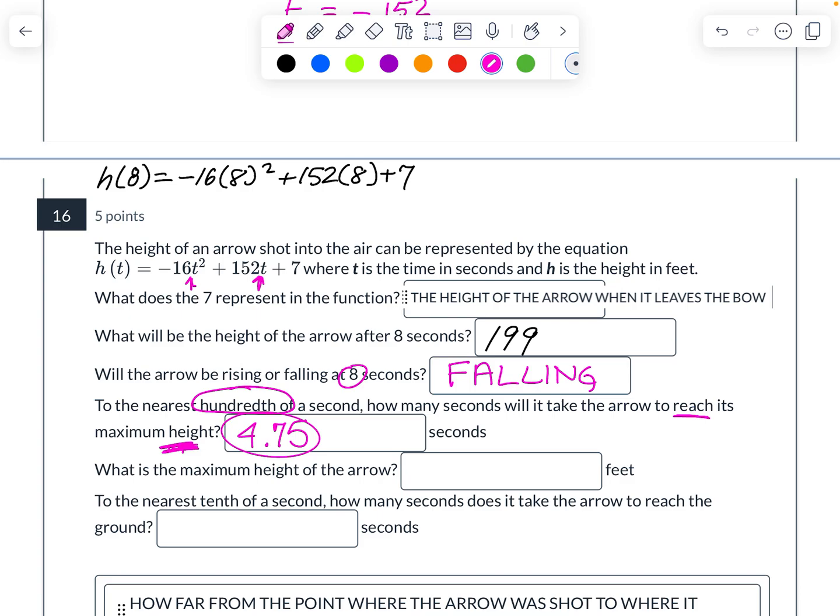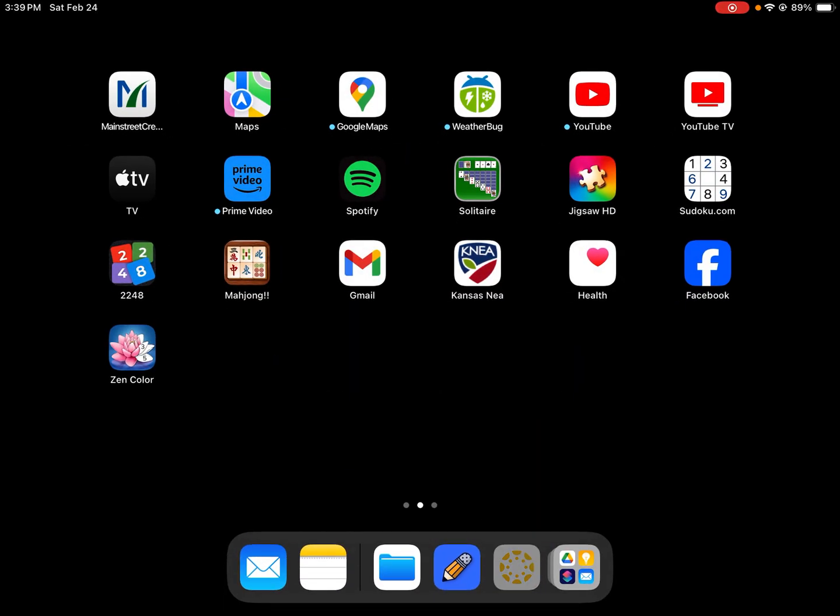All right, so I am going to say h of 4.75 is equal to negative 16 times 4.75 quantity squared plus 152 times 4.75 plus 7. I'm going to go grab my calculator.